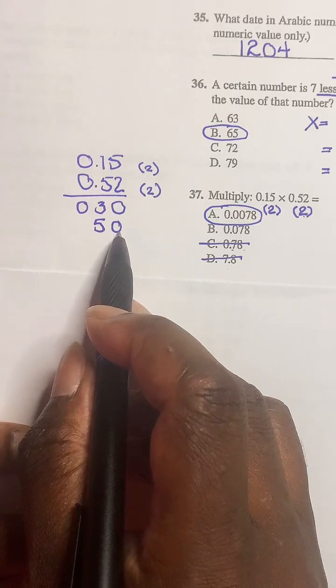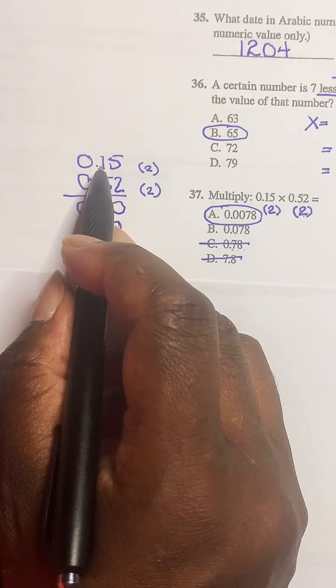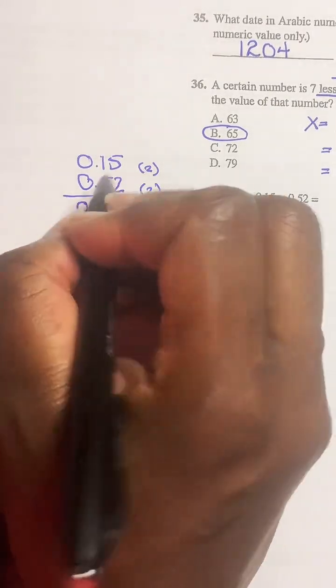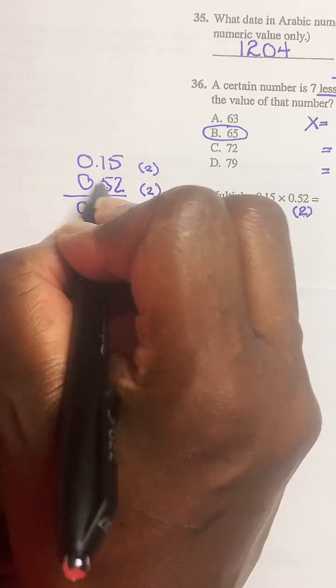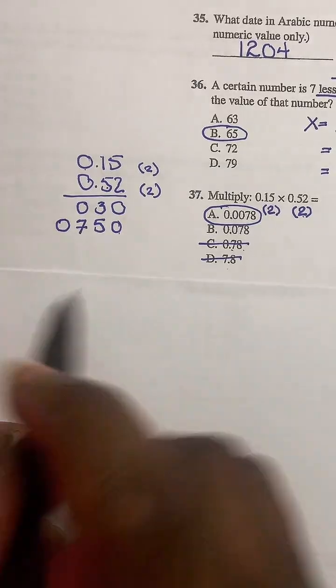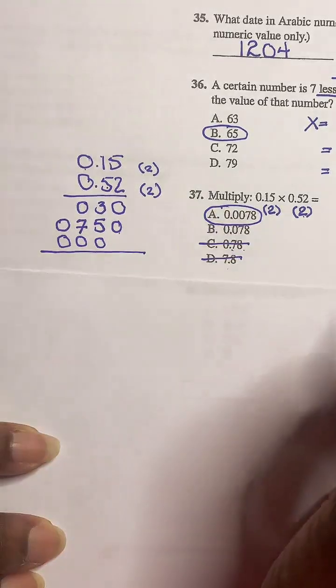Some of you guys love to put that space holder of the 0. So 5 times 1 is 5 plus 2 is 7. Then you have your 5 and 0. Now, you have your zeros. 1, 2, 3. Doesn't even matter, but we're going to put them down anyway.